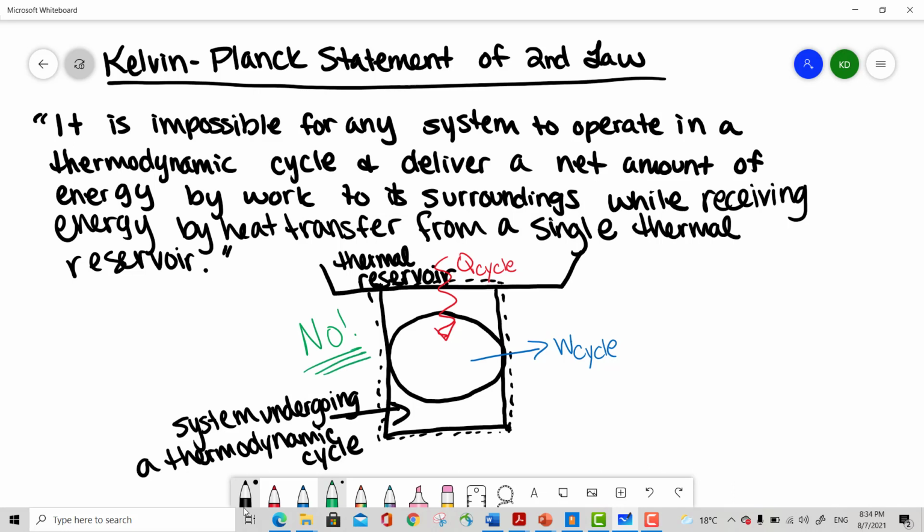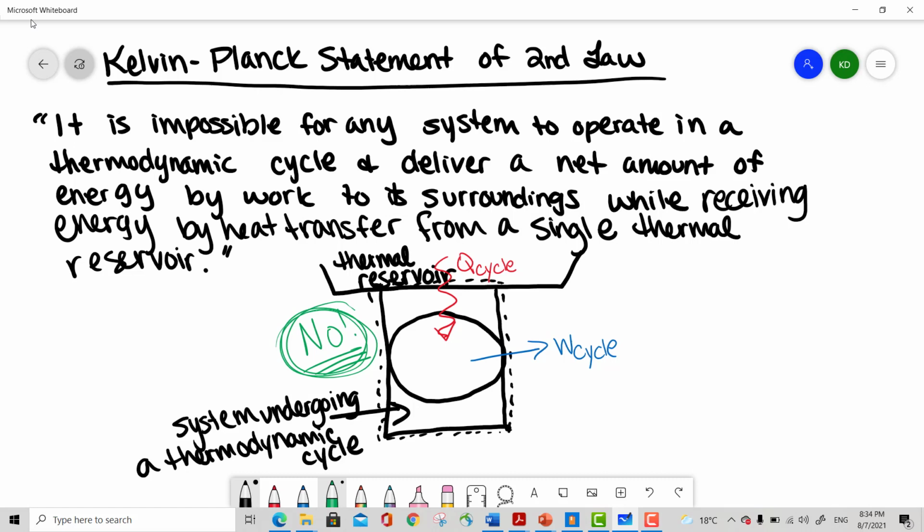Because it is impossible for any system to operate in a thermodynamic cycle and deliver a net amount of energy by work to its surroundings while receiving energy by heat transfer from a single thermal reservoir. So this is not possible.